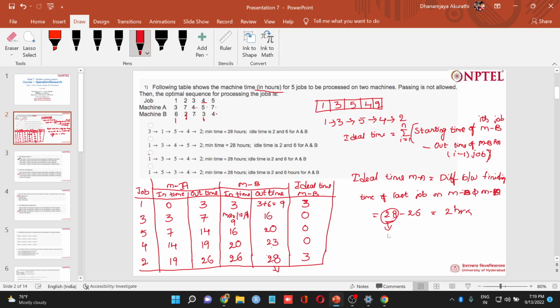It is the total elapsed time or minimum time, and the idle time on mission B is 6 hours. So from the answer it is correct: 28 hours minimum time, and idle time is 2 hours for mission A and 6 hours for mission B. Yes, so it is the correct answer.